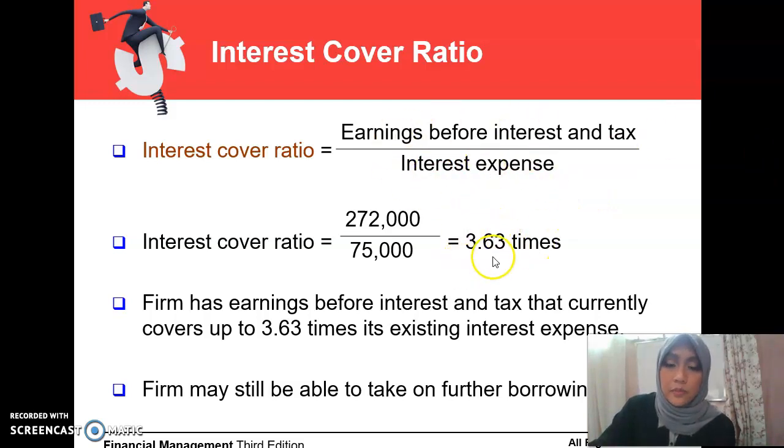So you will get 3.63 times. Basically, it means that the firm's earning before interest and tax currently covers its existing interest expenses 3.63 times. So the firm may still be able to take on further borrowing because there is an excess of 3.63 times on its existing interest expenses.